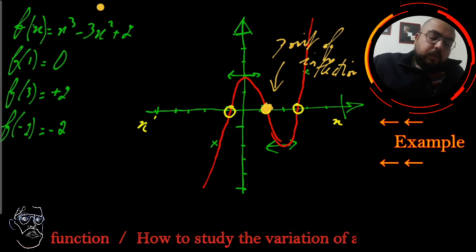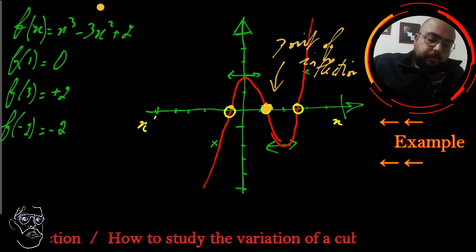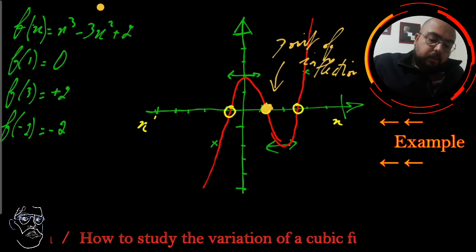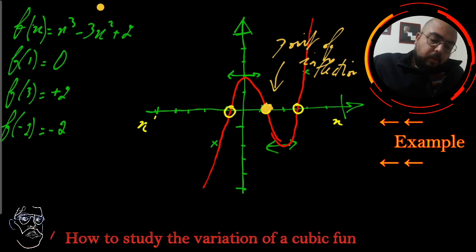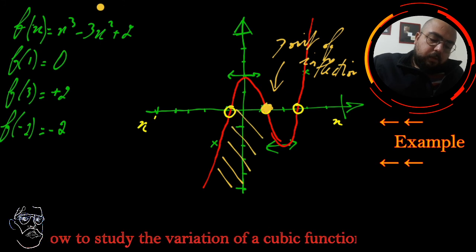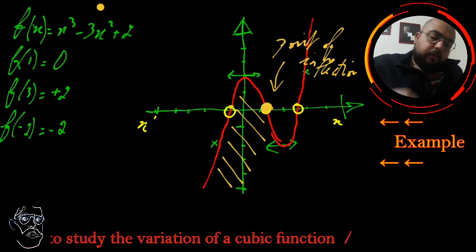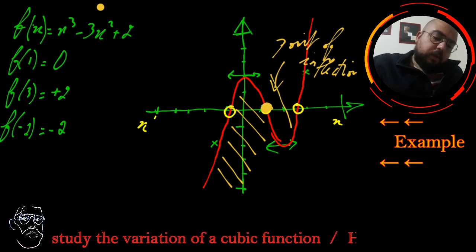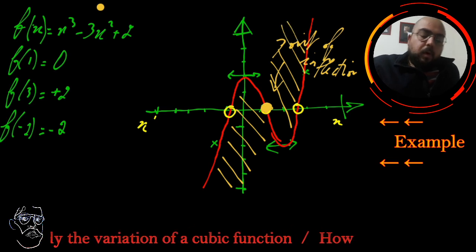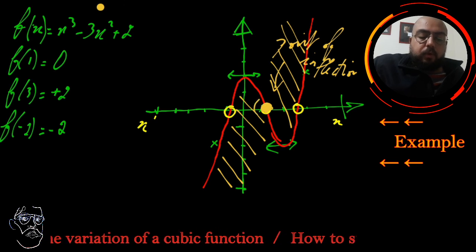Before this point of inflection, the curve is already looking towards this part. After the point of inflection, the curve starts to look towards this part. So this is what you should know about the change which happened due to this point of inflection.